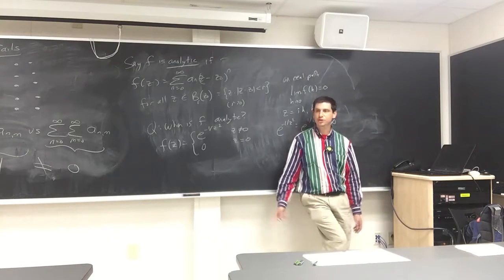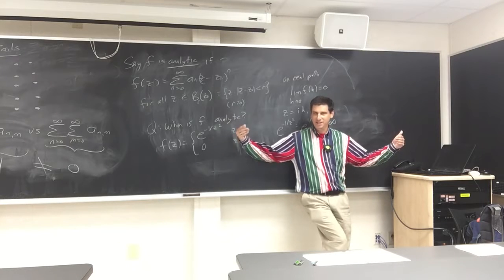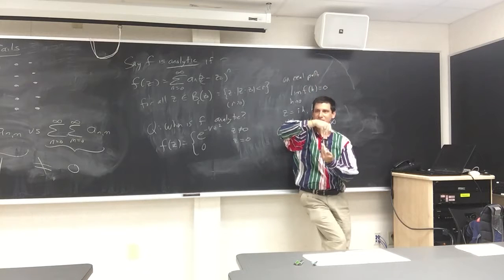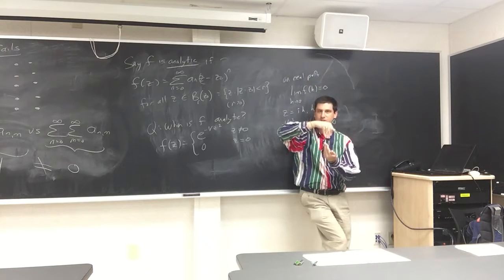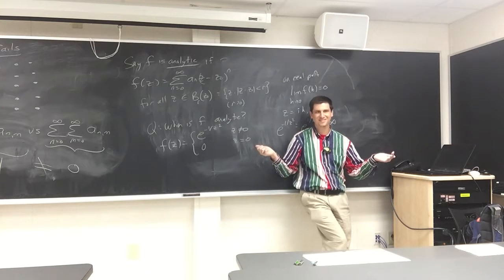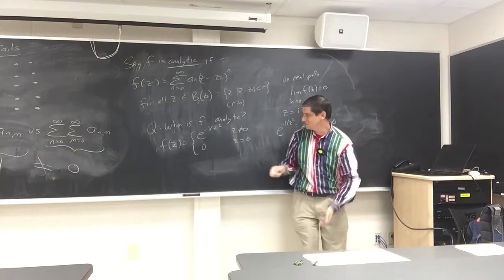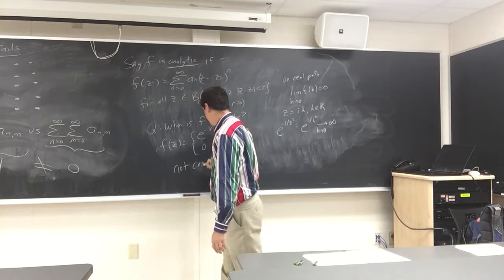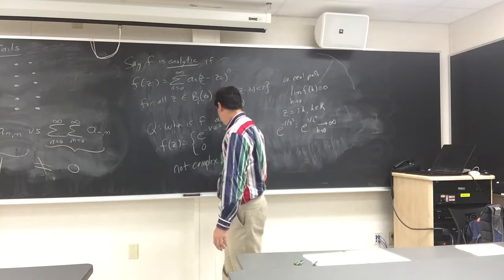So if we look at this function in the complex plane, it's going to 0 along the real axis, and it's going to plus infinity in absolute value along the imaginary axis. Is this function differentiable? No. In fact, it's not even continuous. So not complex continuous.